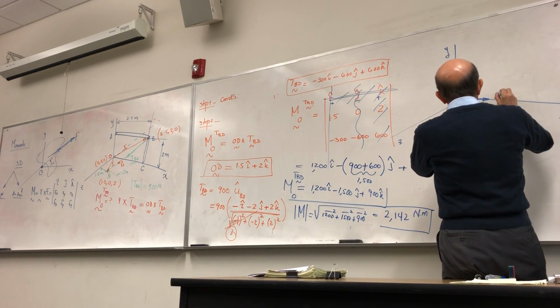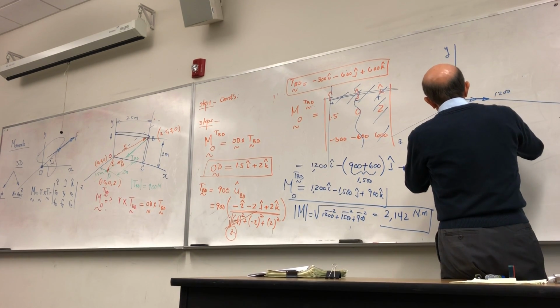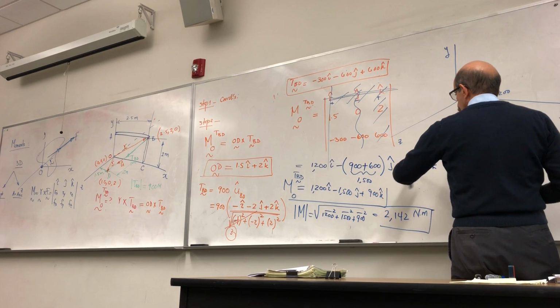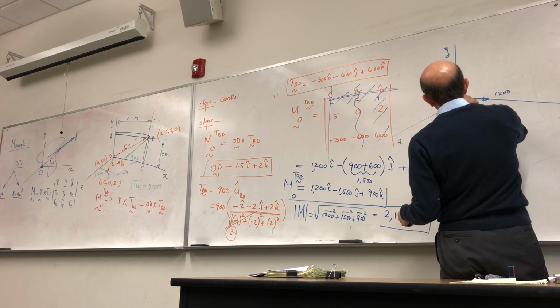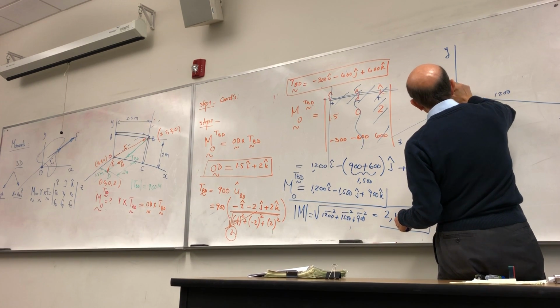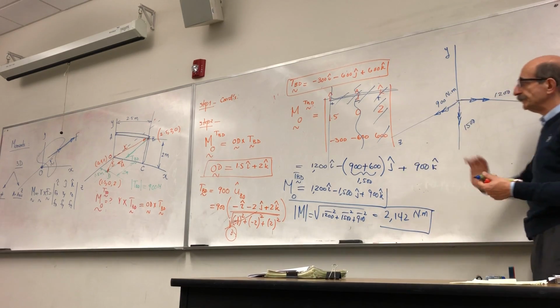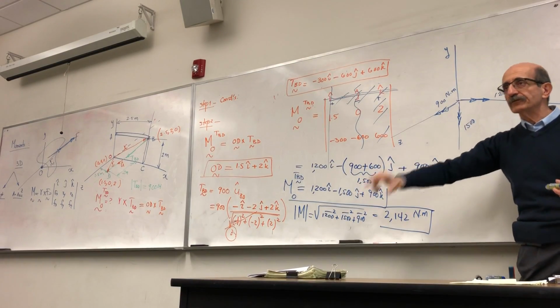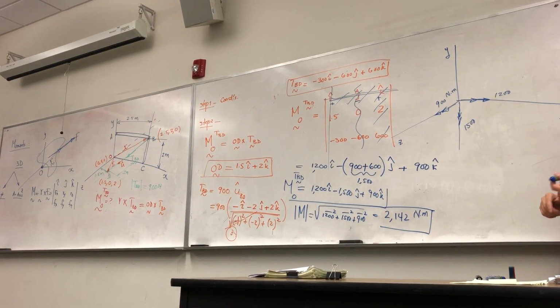So this is 1200, this is 1500, and for j, it's going to rotate in this direction. Yes? In the k direction of the moment, would it be negative 900?